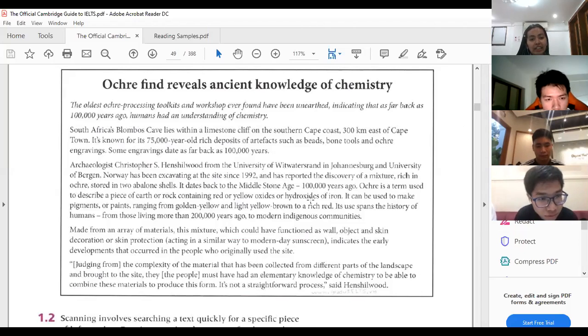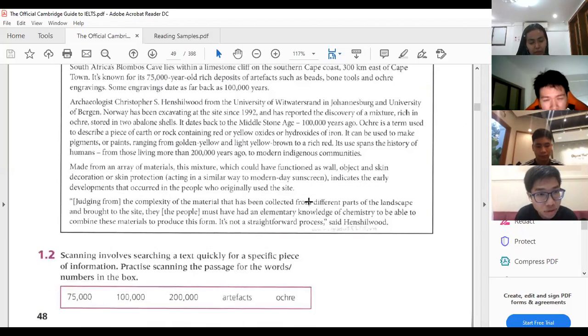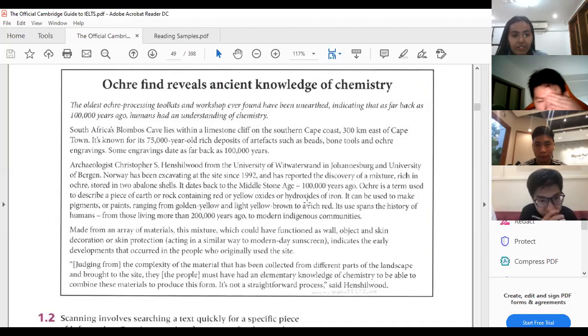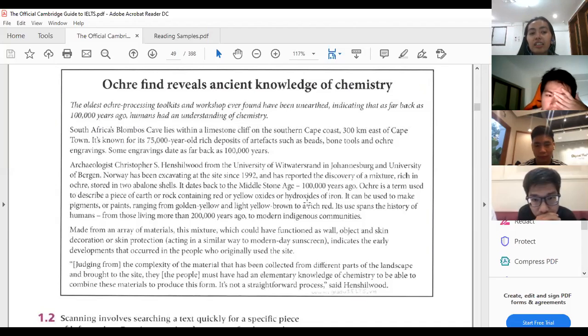So start from Lane. Lane, where can you find the number 75,000 and what it means? Yeah, Owen, what paragraph? It's in the second paragraph. And that refers to? To the rich deposit as a fact.